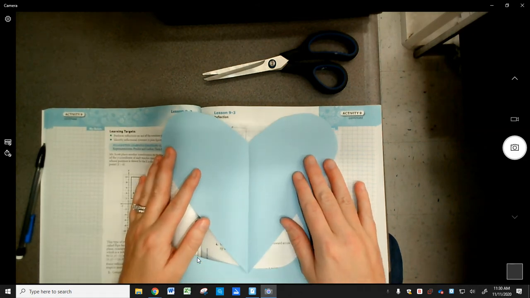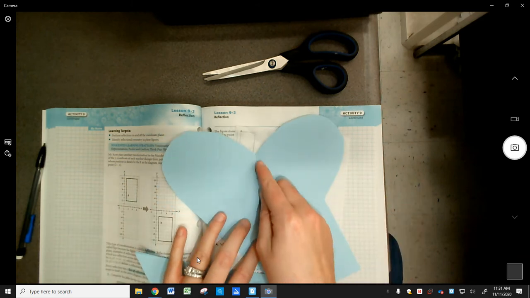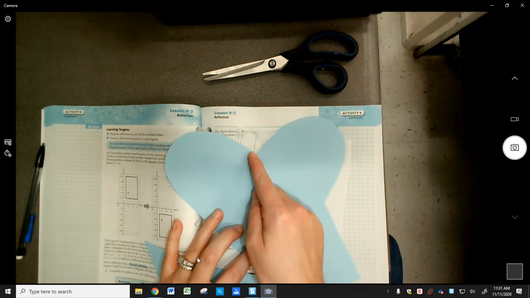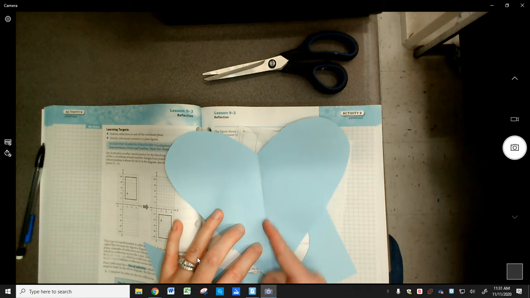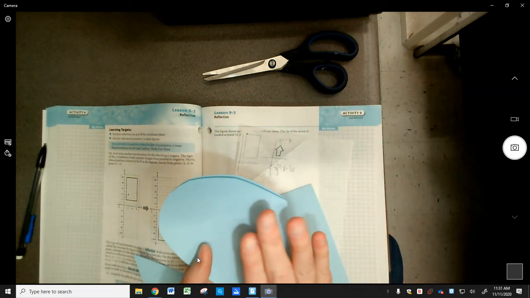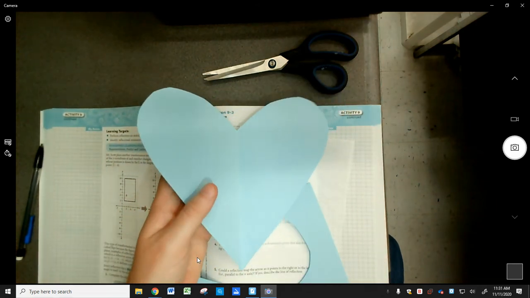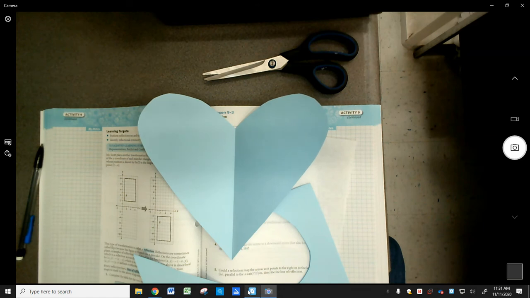Maybe, maybe not. But a heart is an example of a figure that has a line of symmetry. Okay? Because when we fold it over, it should match up. So that is our line of symmetry there. Same way with that quadrilateral that we just had.